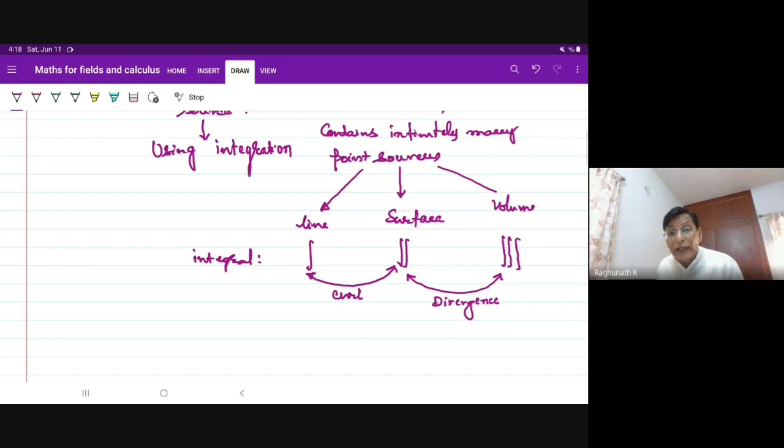Gauss divergence theorem or Stokes theorem, where line integral is evaluated using surface integral, and surface integral is evaluated using volume integral. We'll see that.